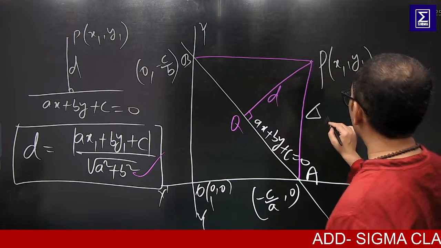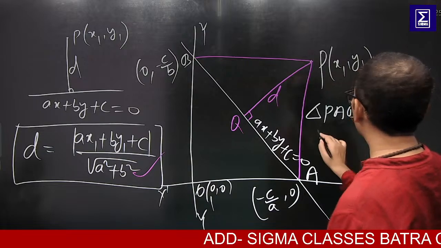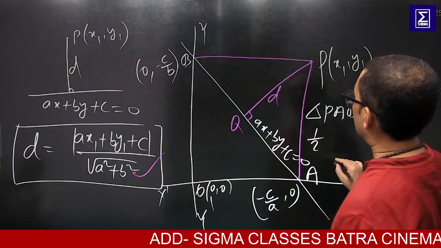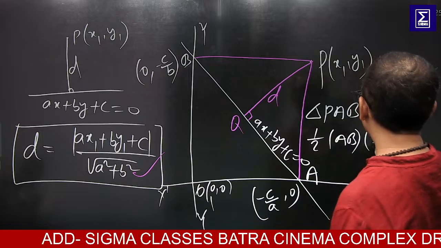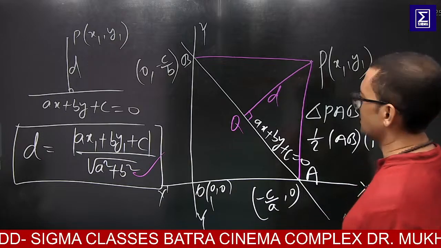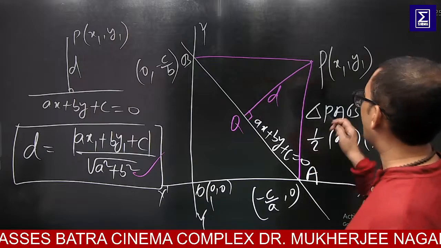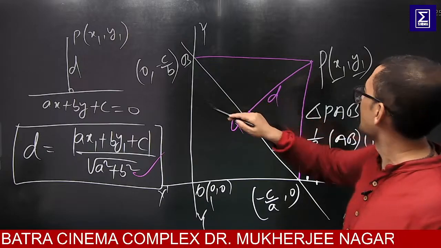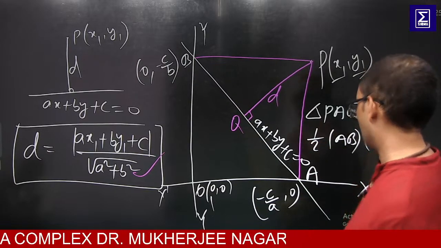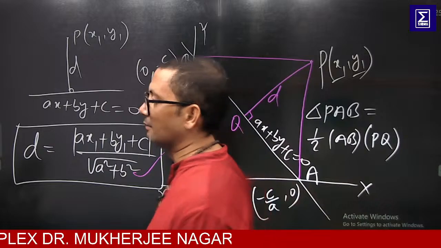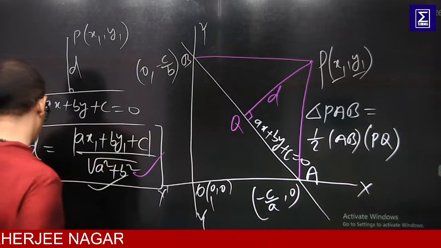The area of triangle PAB will be nothing but half times AB times PQ. This is one way of finding the area of a triangle. Another way will be when all the vertices are given, P is given, A is given and B is given. So this is how we will get the area of the triangle. We will equate both sides and then finally our relation will be established here.